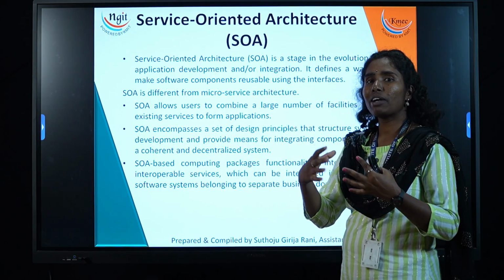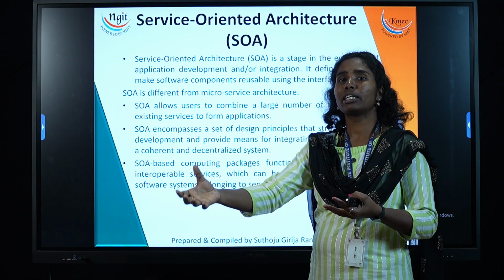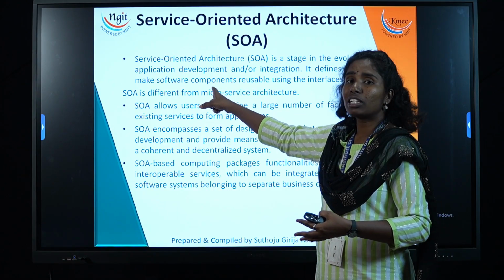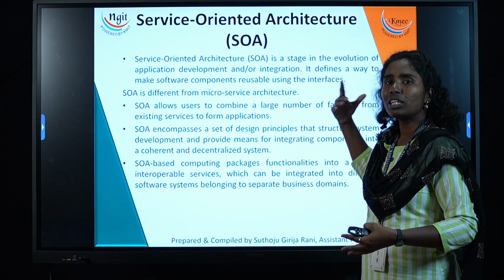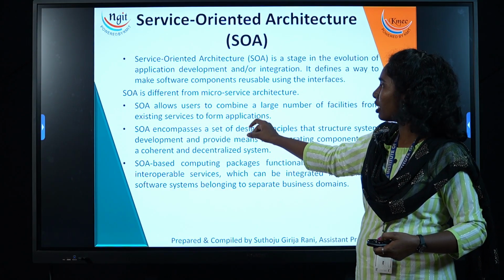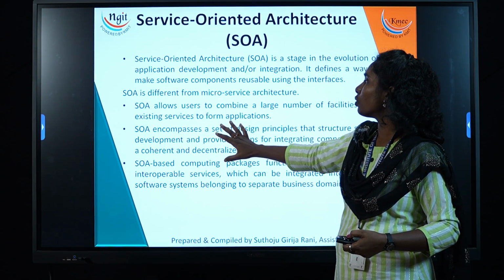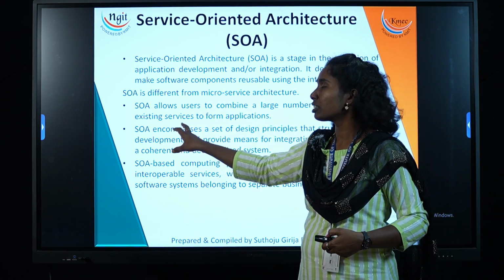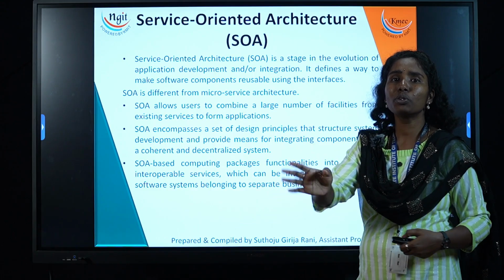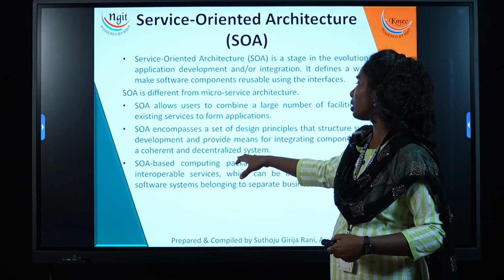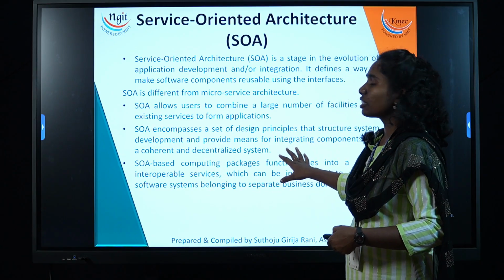We take an existing interface, adopt it, reuse it, and go with a new version. These are like microservices. It allows us to build any number of applications by utilizing existing services to form new types of applications. This is also very important for understanding decentralized systems.